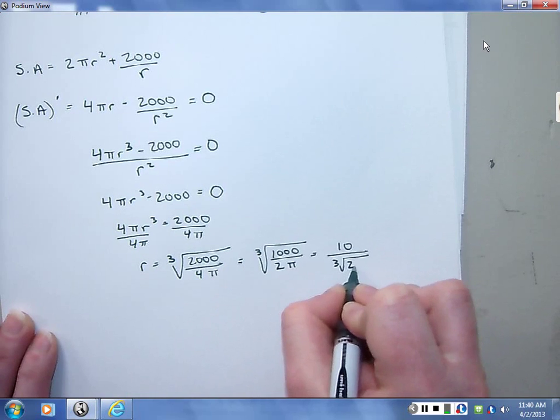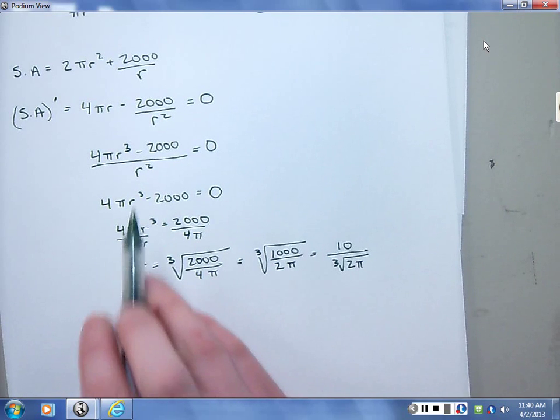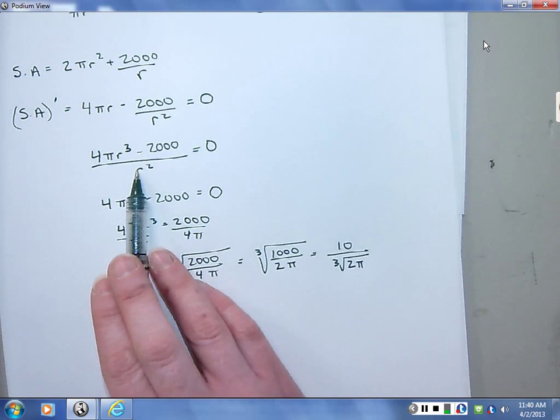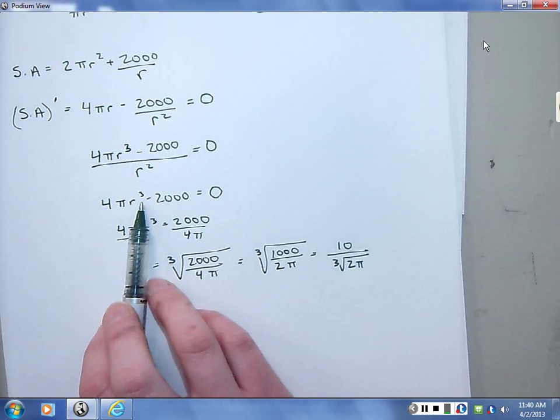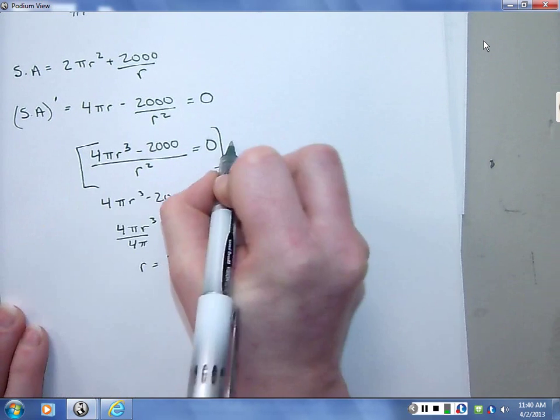Excuse me, do you neglect the r squared in the denominator here? Well, the denominator can never equal 0, right? So if I have 0 over 5, that still equals 0. So yeah, you can just kind of ignore it. You could also say, let's multiply through by r squared.